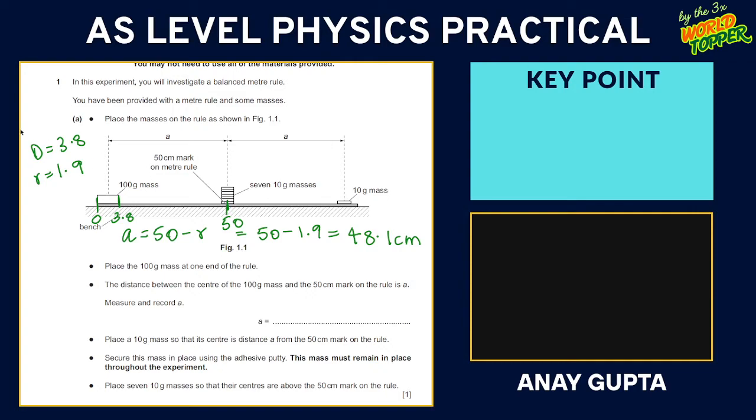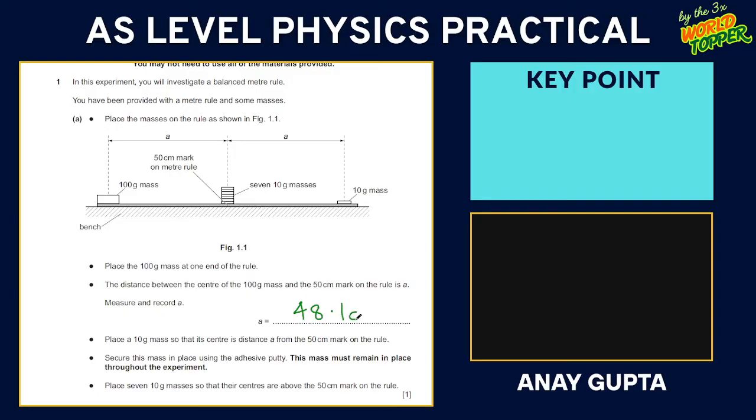Now, in your examination, you don't really need to show so much calculation, especially for a one marker. If you have written a value less than 50 centimeters, somewhere between 46 to 49 centimeters, then I think Cambridge knows that this is what your thought process has been and they will award you a mark for that. So we simply record our value 48.1 centimeters.